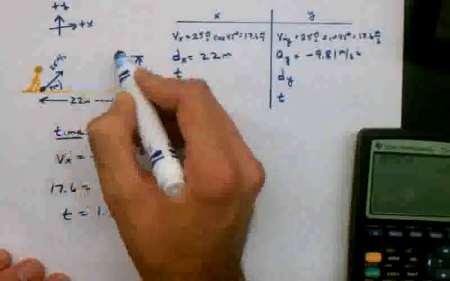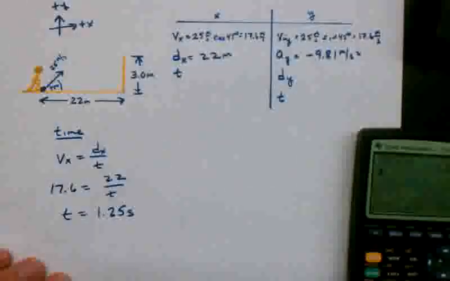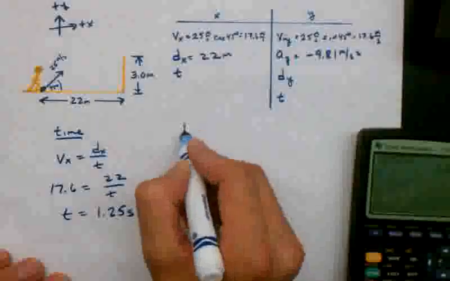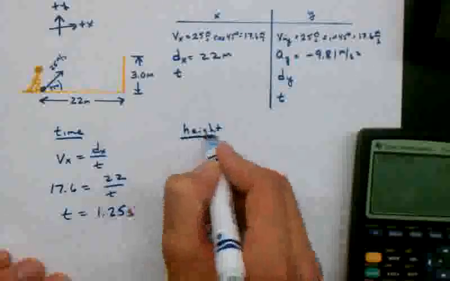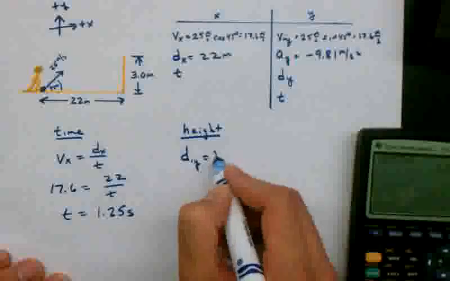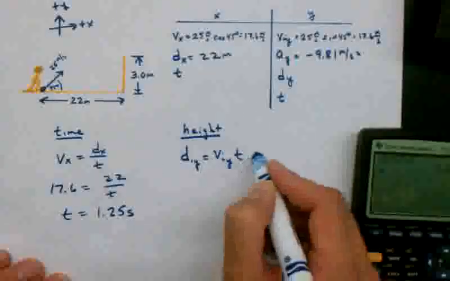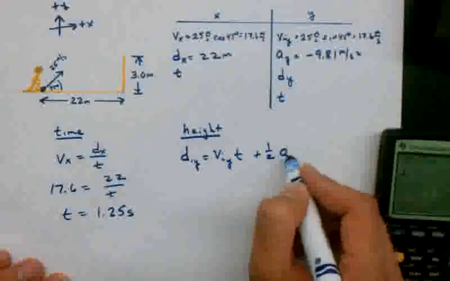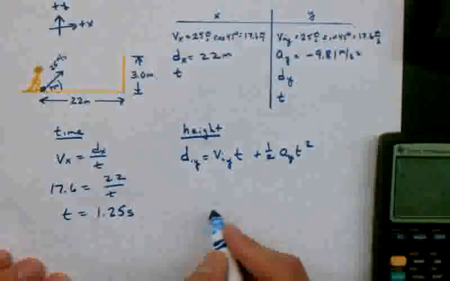So now I know that the ball will get to the plane of the fence 1.25 seconds after it's kicked. Now I want to figure out how high up it is 1.25 seconds into its flight. So I'll use d equals vi t plus 1/2 a t squared.